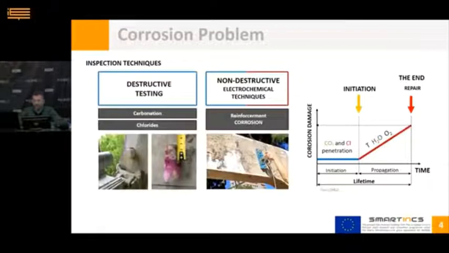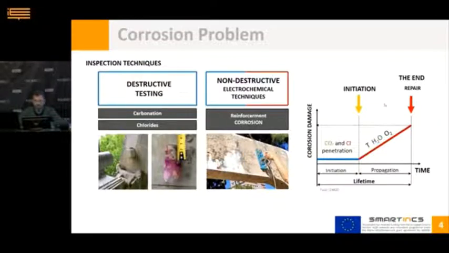In another line, there are non-destructive electrochemical techniques, which leave practically no trace in the structures when implemented. These are the ones we will deal with in this presentation. These techniques focus on the study of the corrosion state of the structure.